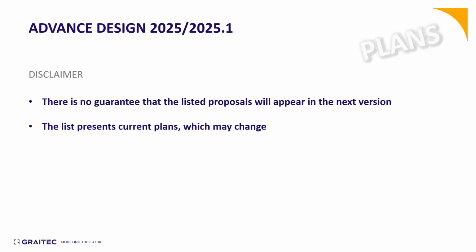I cannot promise that all given novelties will appear in the next version. For various reasons, in the coming months, we may modify this list. We may postpone some items to a later date, but also we can add other points. So the list is not the final one.